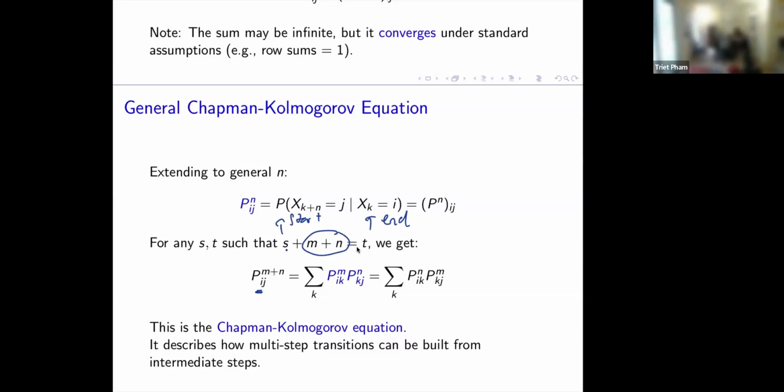What we're showing you here is that you can decompose it into possible ways. For the path from i to j, you can break it into m steps and then n steps, going through all possible intermediate states.